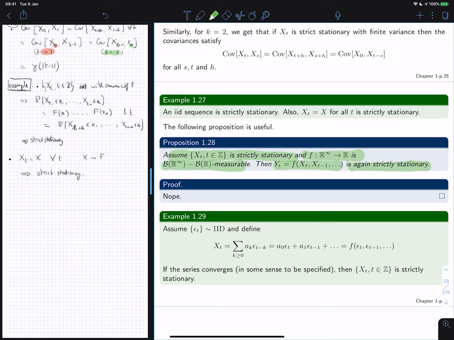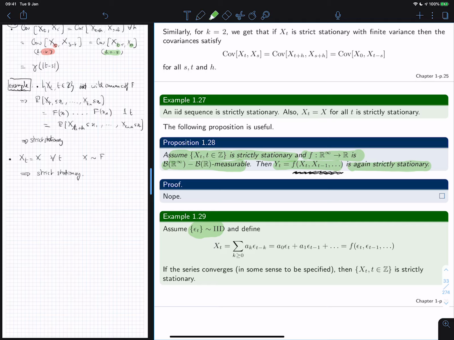So you cannot lose strict stationarity by taking functions of your process. So that's quite handy because it means that anything that you define from an IID sequence, as long as you use a function which is itself time invariant, then you maintain the strict stationarity.